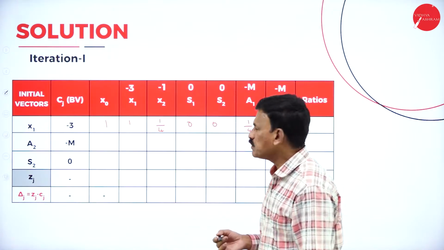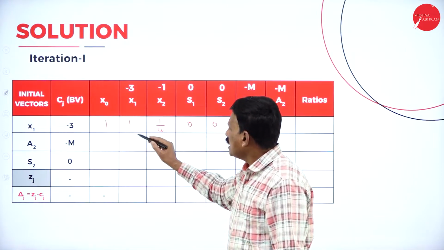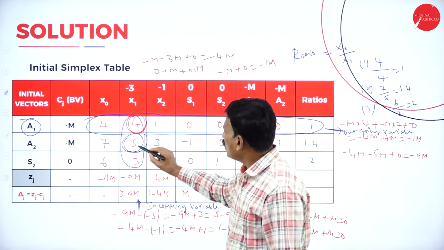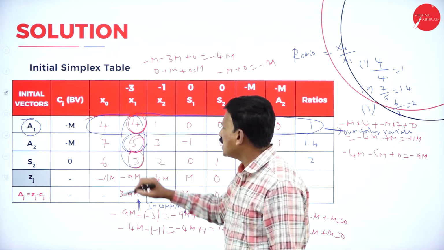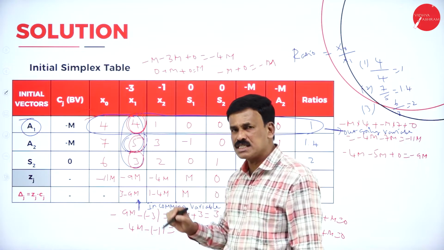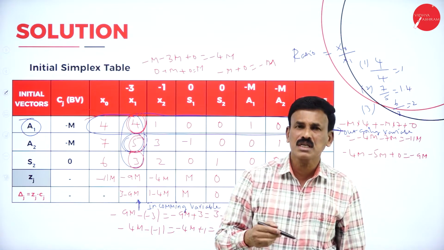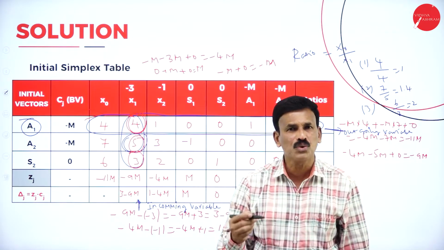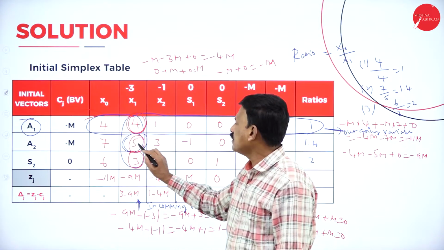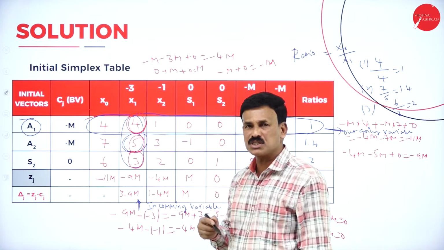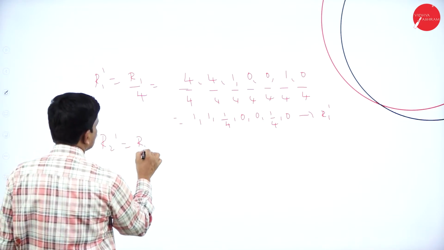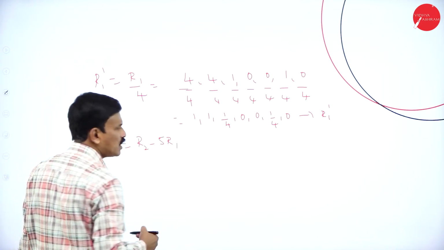Now, the second step is to convert all the elements below this, that is the 5 and 3, as zeros. So to convert this 5 and 3 as zeros, we are going to use the proper elementary row operation. So using elementary row operation, we can convert this 5 as 0 and 3 as 0. To convert this, we are going to use R2 dash is equal to R2 minus 5 times R1.